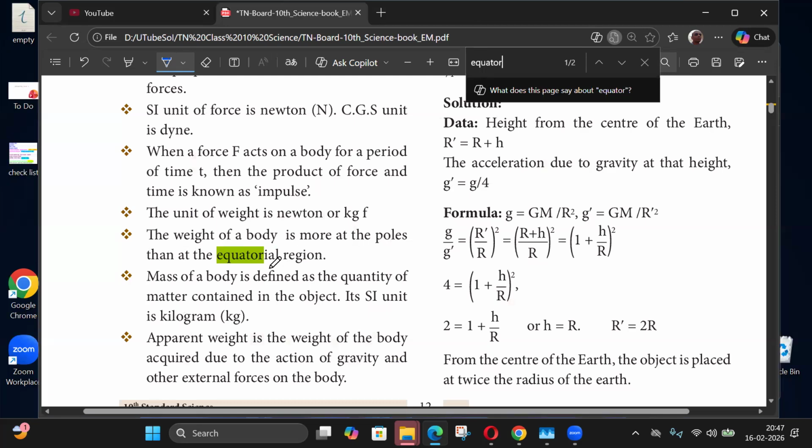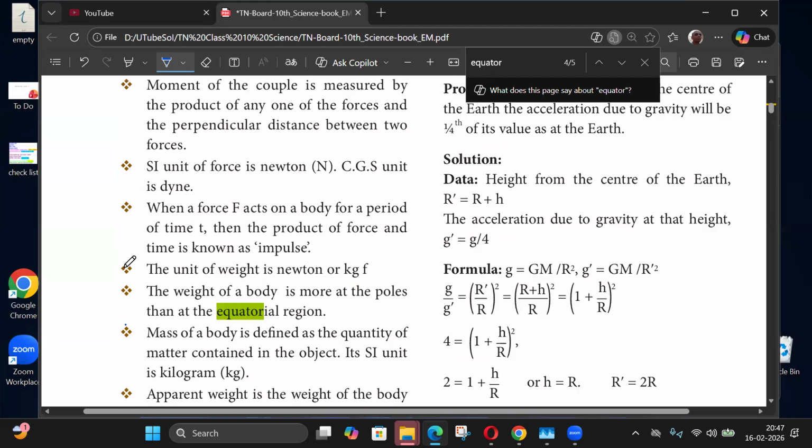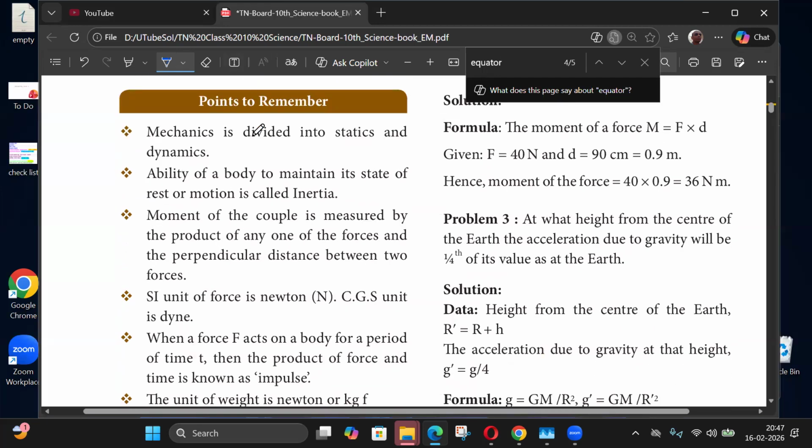Yeah, that's correct. Because at the equator there is centrifugal force, that will reduce a little bit of the weight, but at the poles there is no centrifugal force. So this is mentioned as just a point to remember.